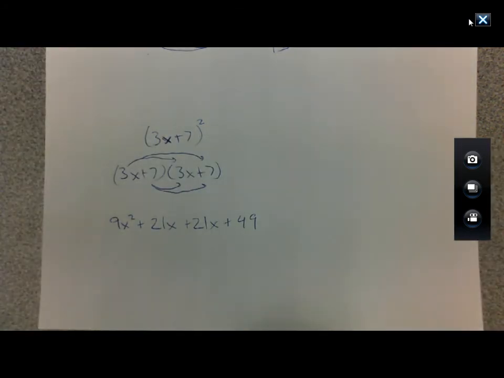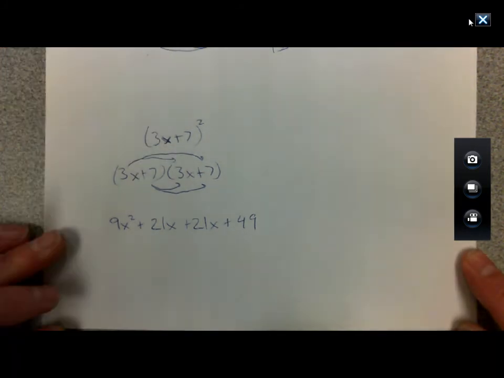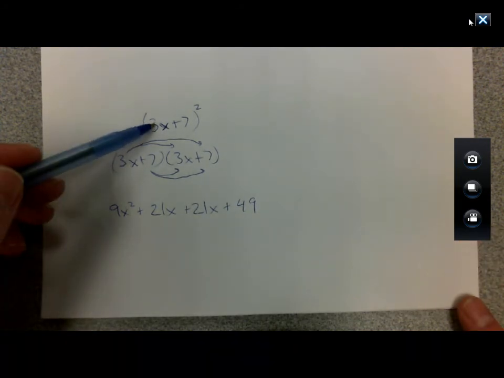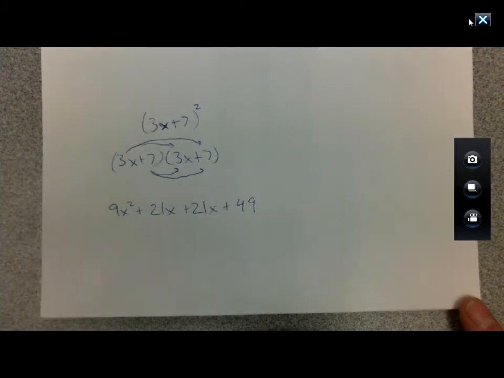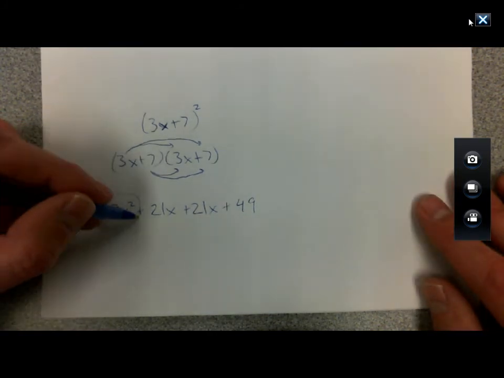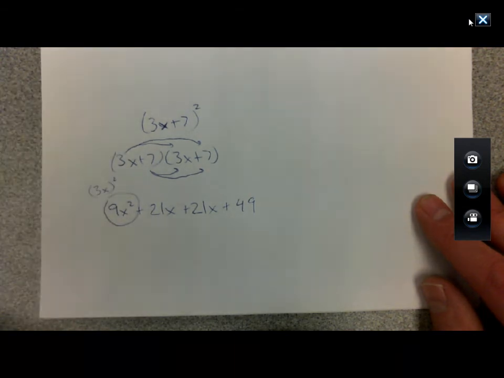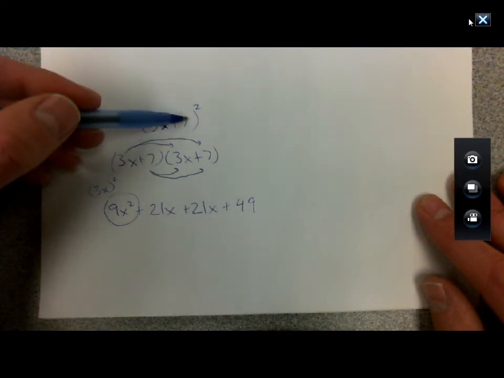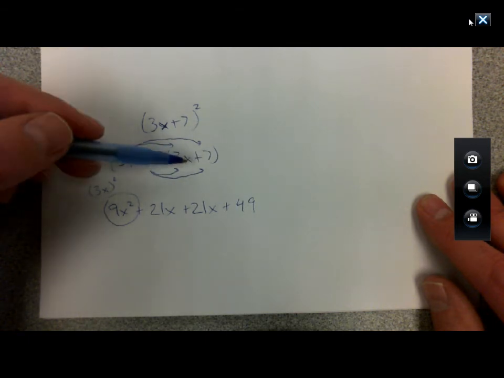What ends up happening in these situations where you have what's called a perfect square polynomial, where it's the same thing twice, it always works out that the first term, this 3x, is multiplied by itself. 3x times 3x. So we always end up getting that first term squared. It always works out that the last term, 7, is multiplied times itself. 7 times 7. Always happens.